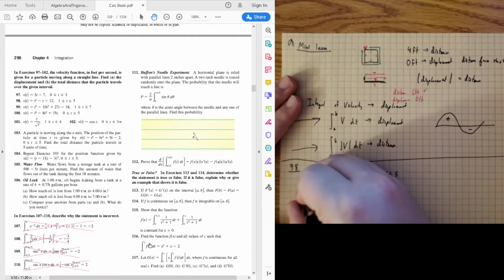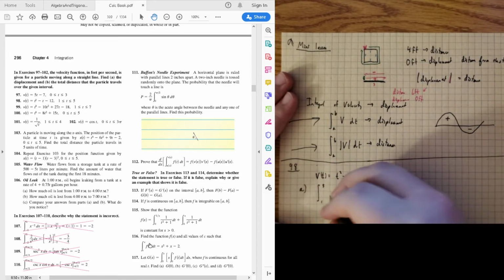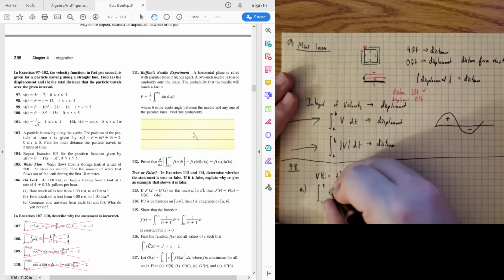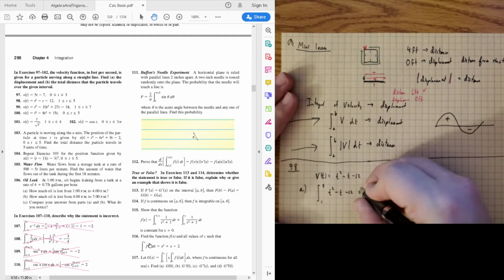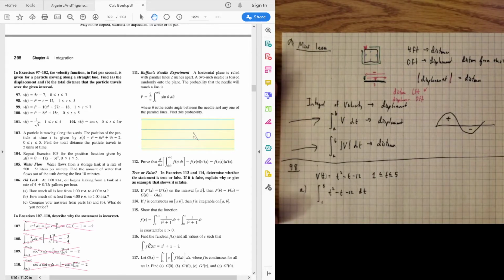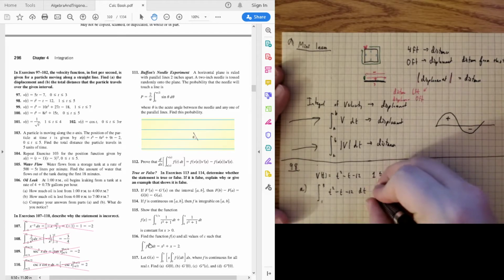Let's talk about part A. Part A, we're going to integrate from 1 to 5 the velocity function t squared minus t minus 12 dt. For part B, I'm going to go ahead and write it out because I know it's going to happen: from 1 to 5, the absolute value of t squared minus t minus 12 dt. And we'll talk about how to fix that after part A.